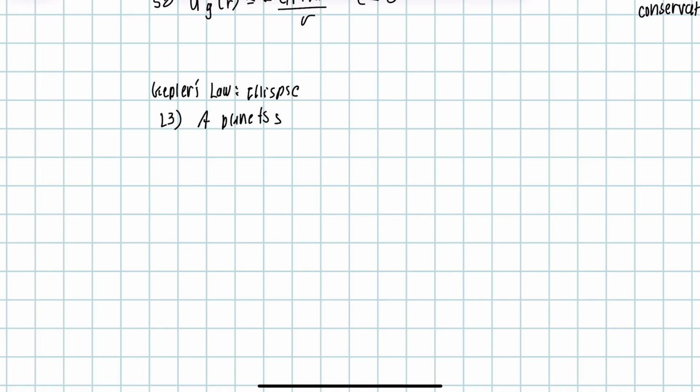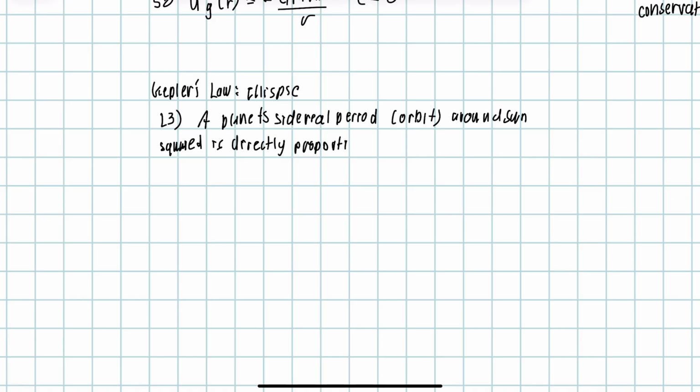A planet's sidereal period, which is basically the same thing as the orbital period around the sun, squared, is directly proportional to its semi-major axis cubed.